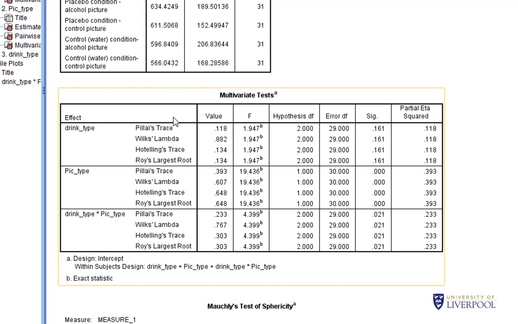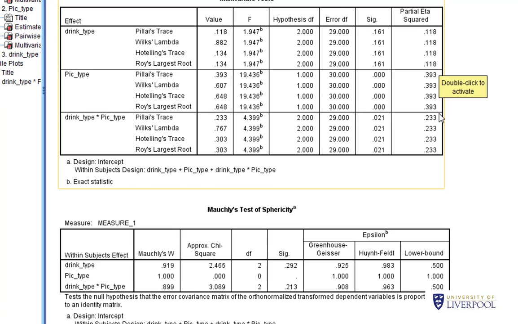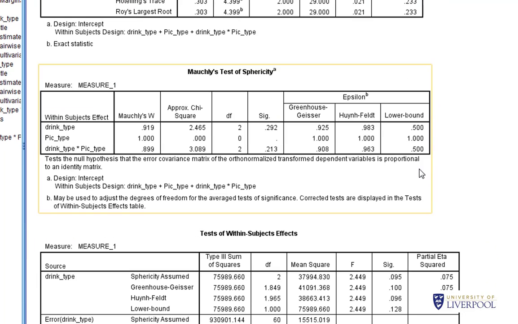The multivariate test table, we can ignore this table really, because we want to interpret our table later on. But this is an important table we've got to look at here. This is our Mauchly's test of sphericity. One of the assumptions of the within subjects Anova is sphericity, and we need to make sure our data meets that assumption.